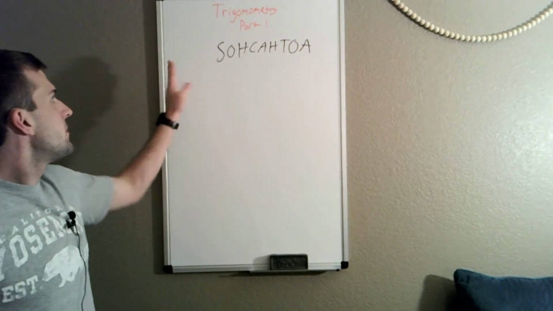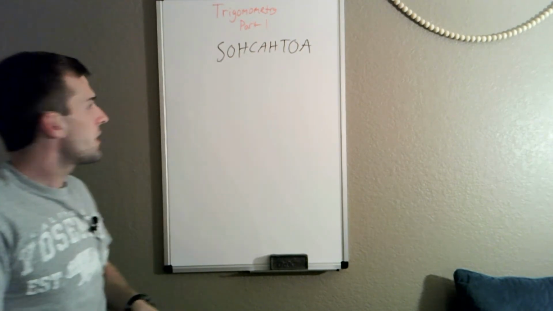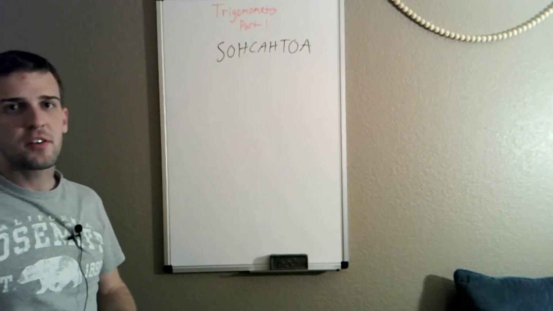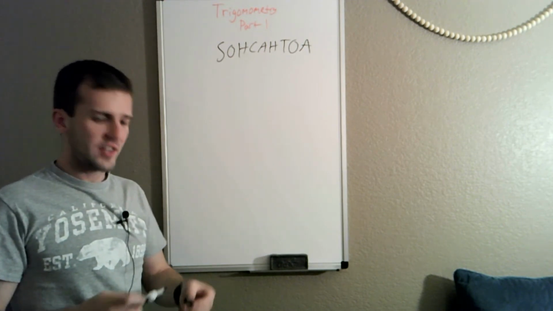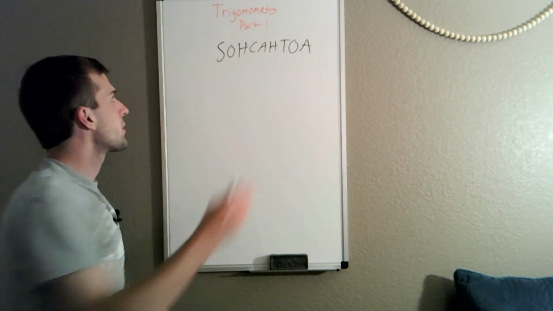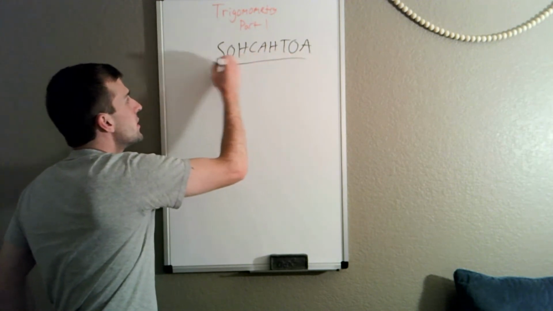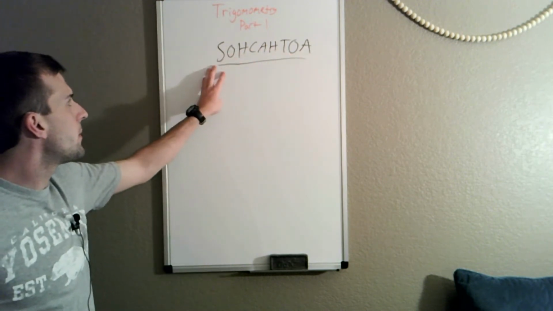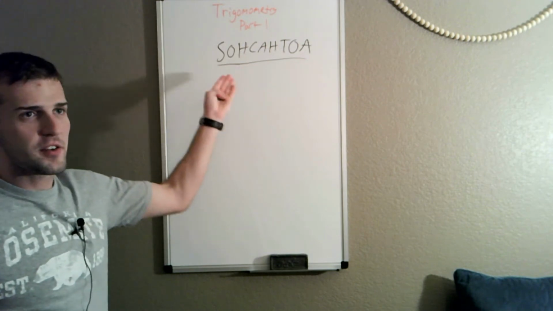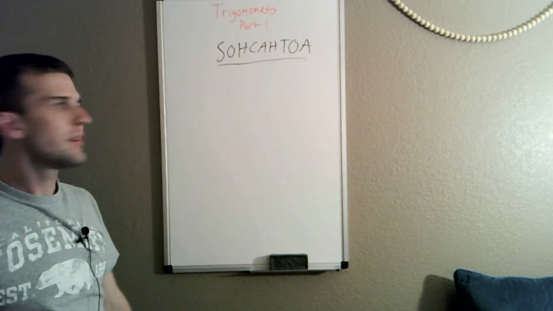Sohcahtoa is an acronym that helps you memorize the definitions of sine, cosine, and tangent. And this is where we're going to go next in this course. We're going to go in detail into the definitions of sine, cosine, and tangent and how to use them.